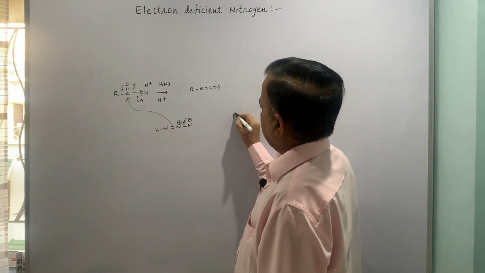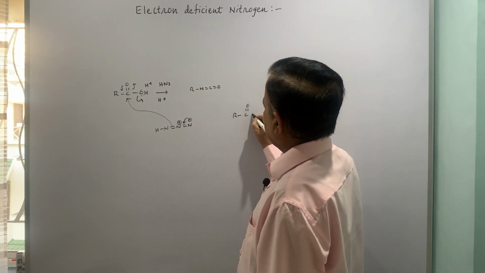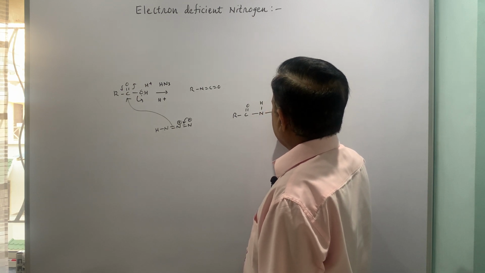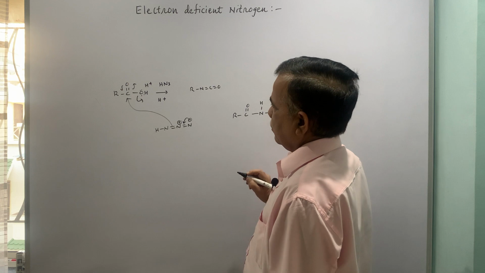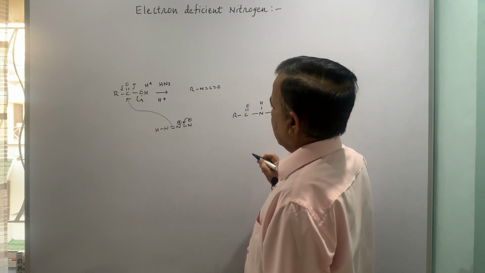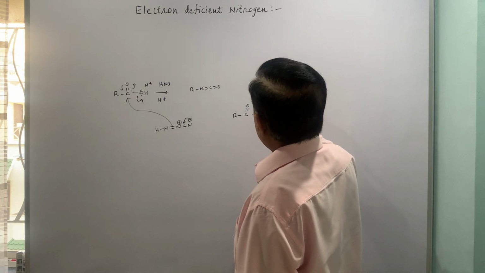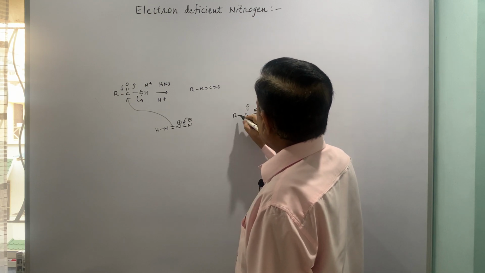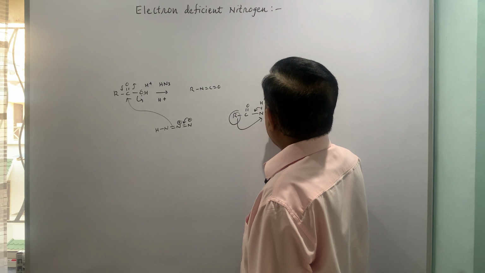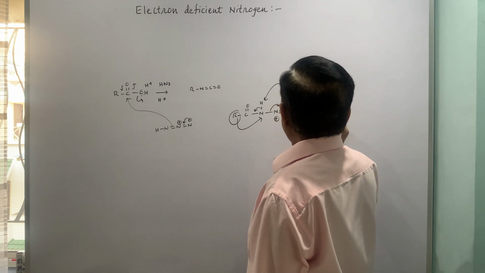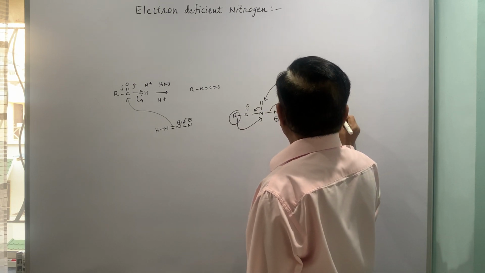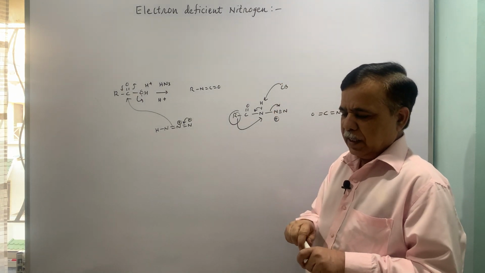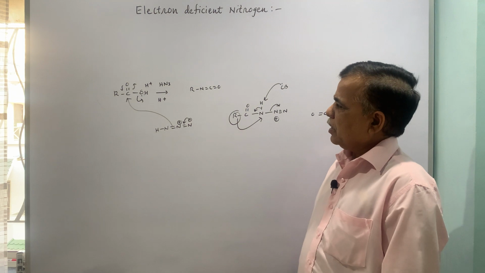So what we have, we get NH3 plus, and now the conjugate base will be there along with H plus. So isocyanate is formed, and once isocyanate is formed, the remaining workup is easy.